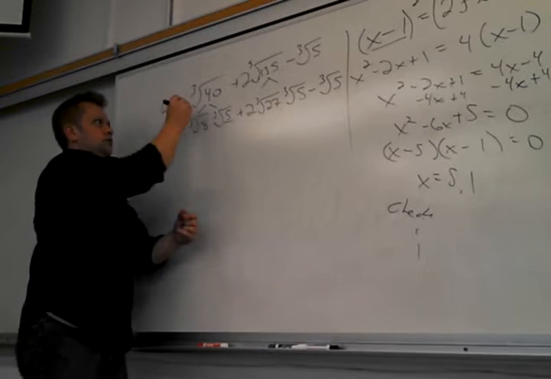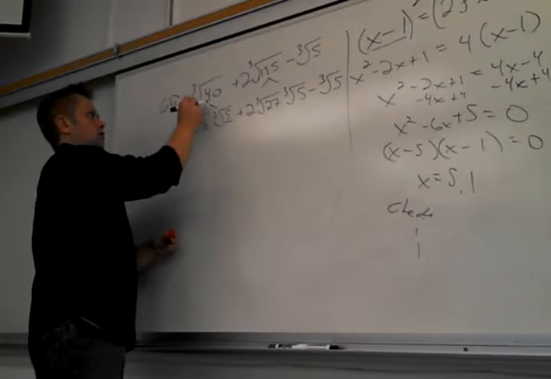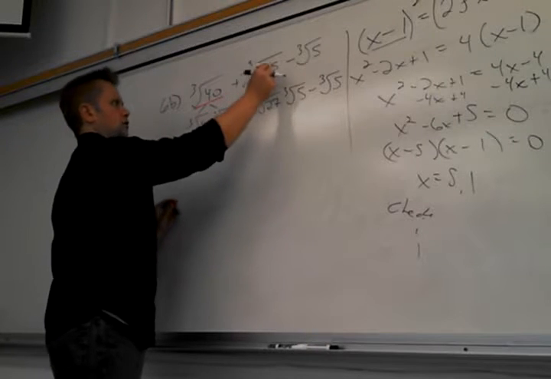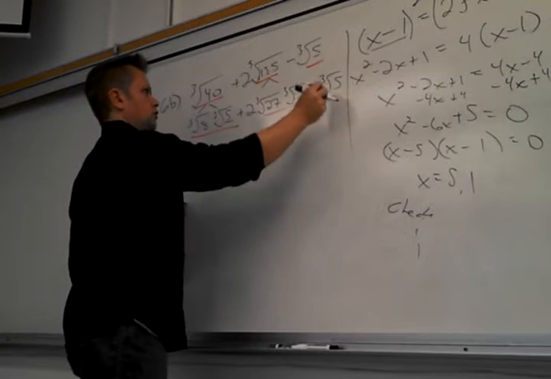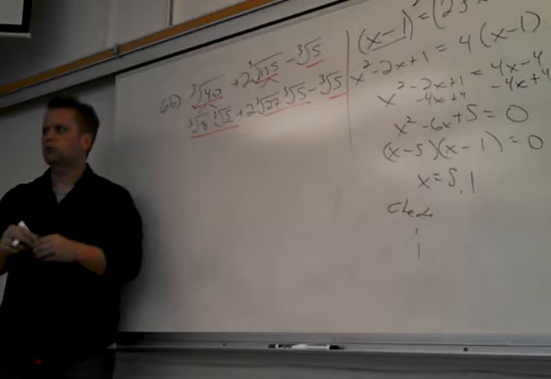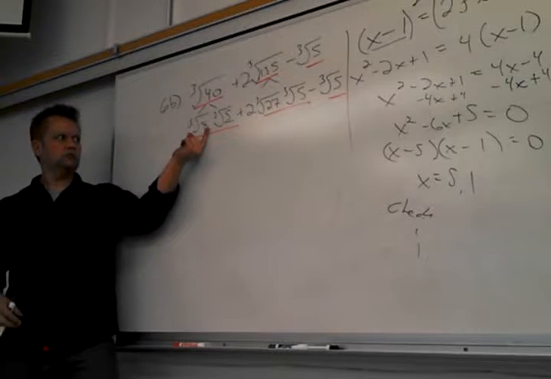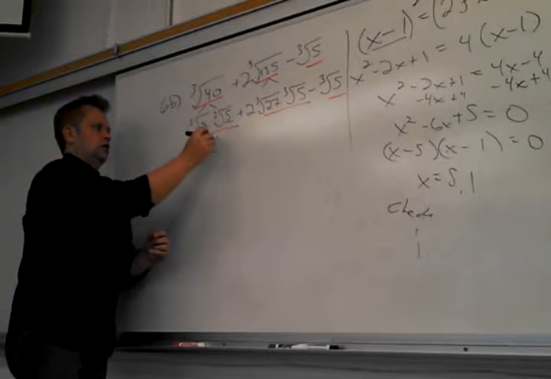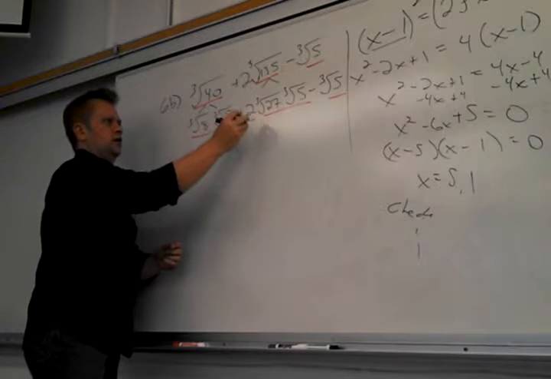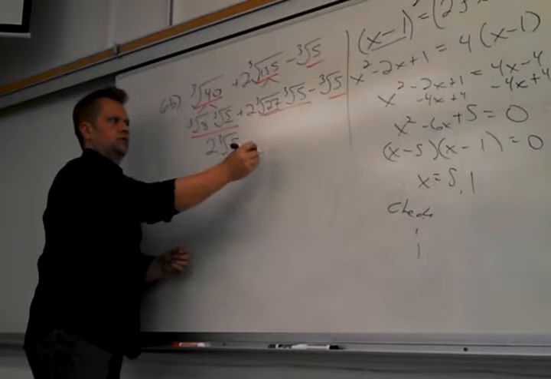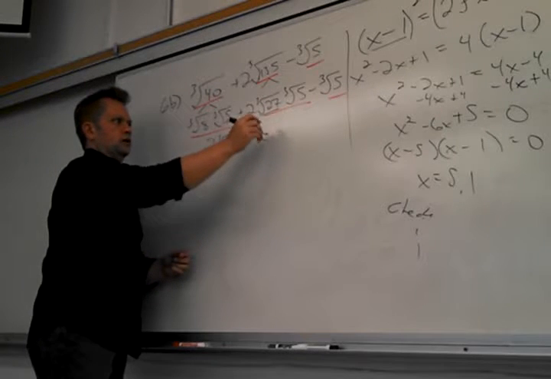This is here, and this little dude is just sitting out there waiting. There's nothing he can do. So what's the cube root of 8? 2. So you get 2 cube roots of 5. What's the cube root of 27? 3.